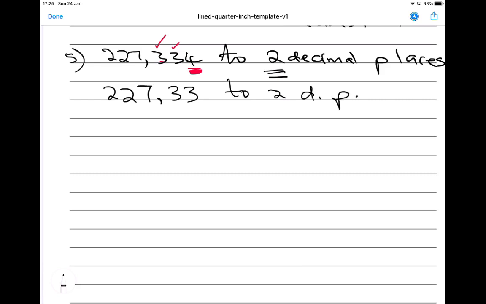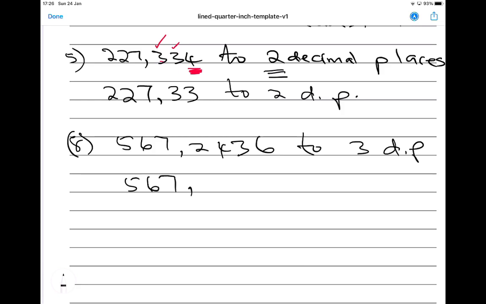All right, very quickly, what about this one here? Call it number 8. 567.2436. This one should be rounded off to 3 decimal places. All right, so we said we need to count, in this case, 3 decimal places. This is 1, that is 2, that is 3. So those are the 3 digits after the comma.